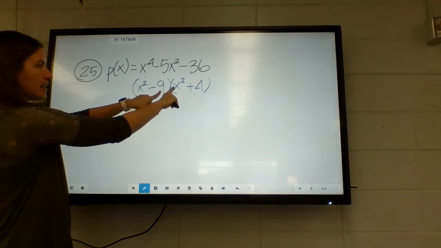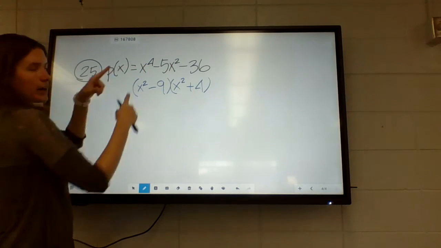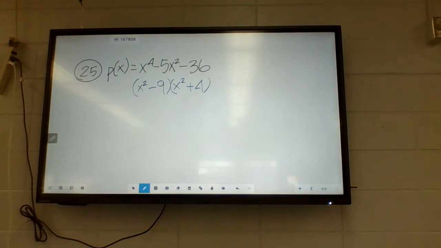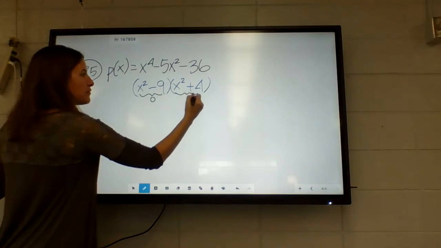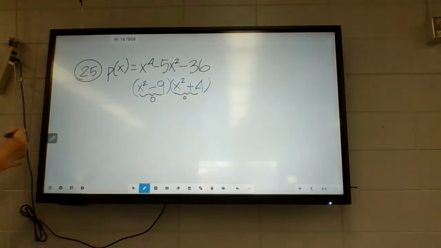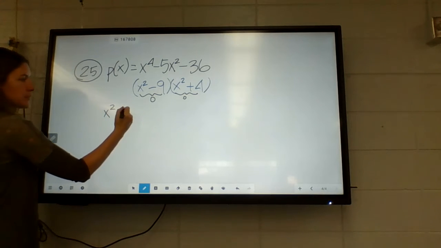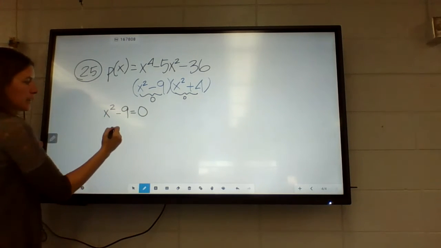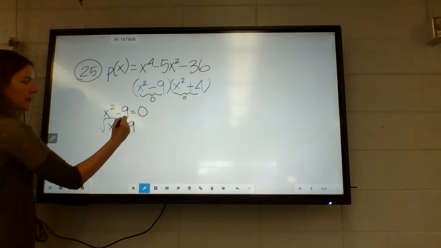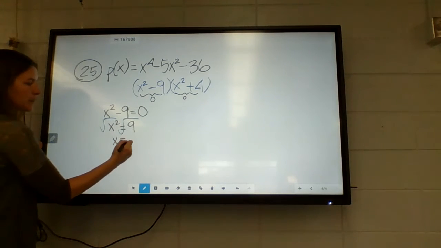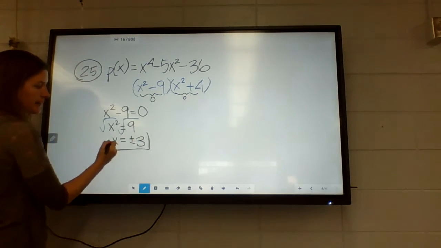This is the negative 9x squared, a positive 4x squared, which would give me a negative 5x squared. So this is going to give me each of my zeros. So you can solve it this way. You could factor the one on the left, but hopefully you're okay with solving and getting both zeros. So we move that 9 over, and we take the square root of it. So we end up with plus or minus 3, and that's a real solution.